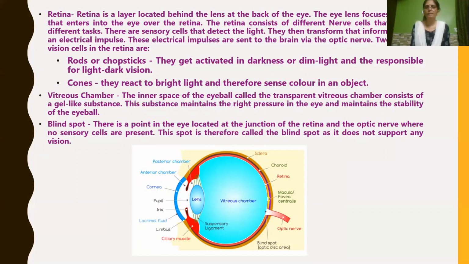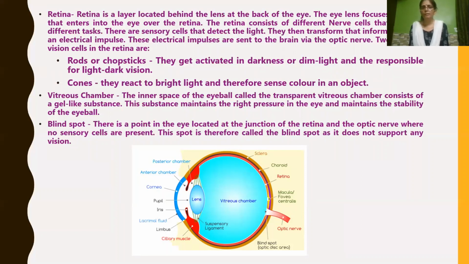And the eye lens focuses the light that enters the eye onto the retina, because the lens is a converging lens. So it converges the light, which makes the light fall on the retina. And the retina consists of different nerve cells that perform different tasks.